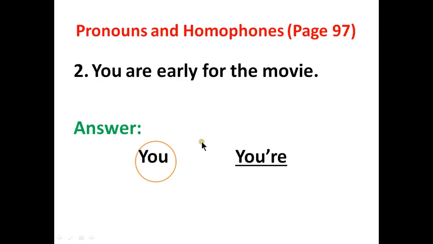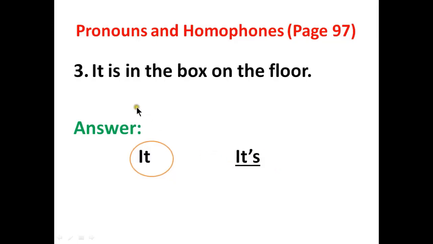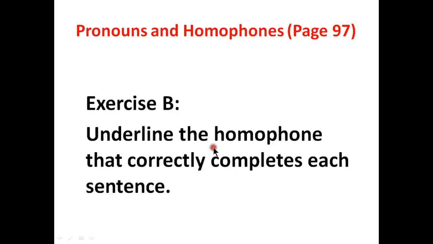Please circle you, and on the small line you will write YOU'RE. Number 3: It is in the box on the floor. Here you are going to circle it, and on the small line you will write the contraction of it is, which becomes IT'S.